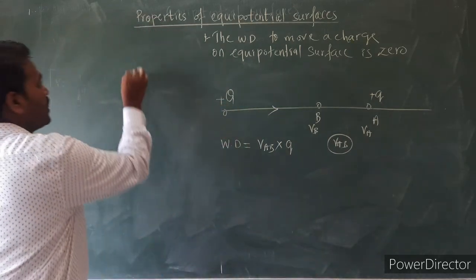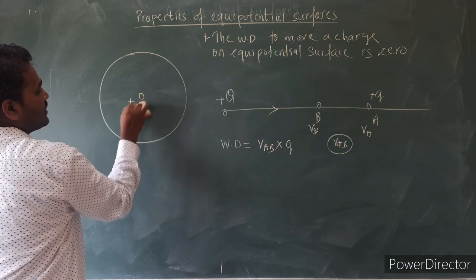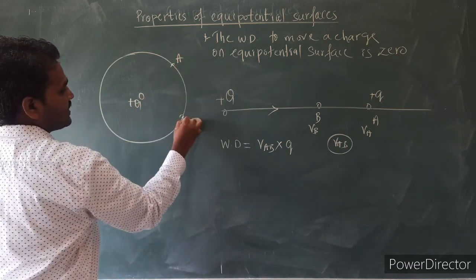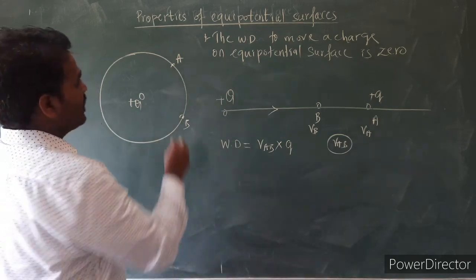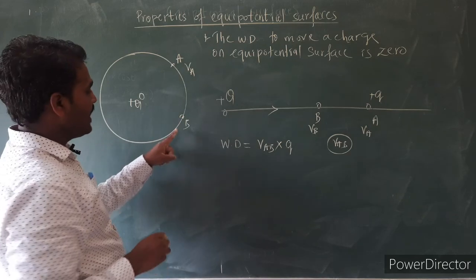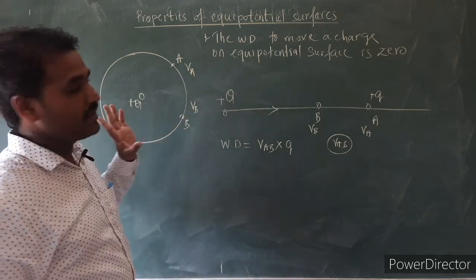But when I consider an equipotential surface, let us say this is the source charge of plus Q. This is point A and this is point B. Let us write the potential at A because of the source charge as VA, and the potential at B because of the source charge as VB.